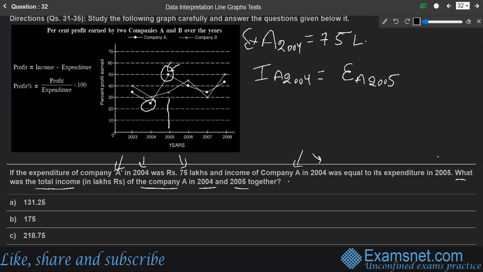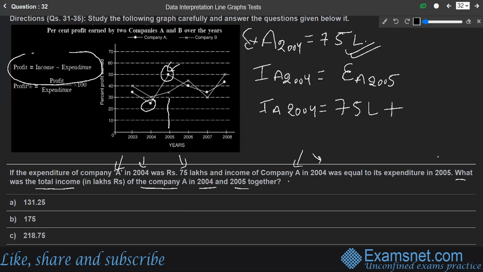So how can we solve this? The income of company A in 2004 is given by, if we use this formula, income is profit plus expenditure. The expenditure value in 2004 is 75 lakh rupees. So we have to add to this 75 lakh the profit value also.